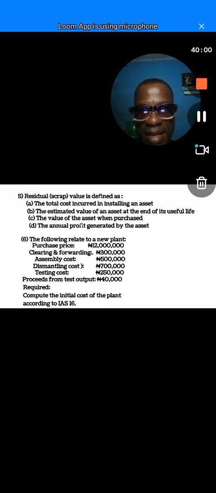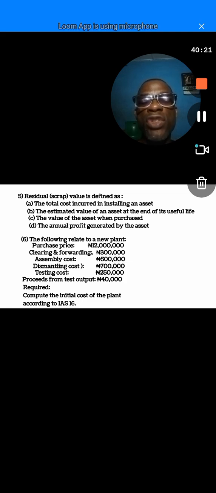In our previous module, we understood that testing costs must exclude the testing outputs. So for your testing cost here, you are going to subtract the proceeds from the test output.